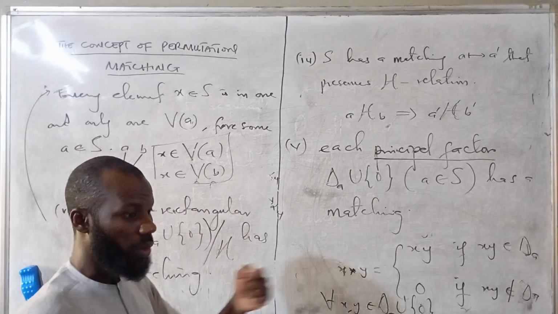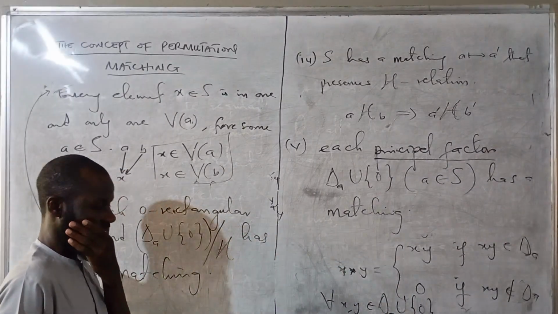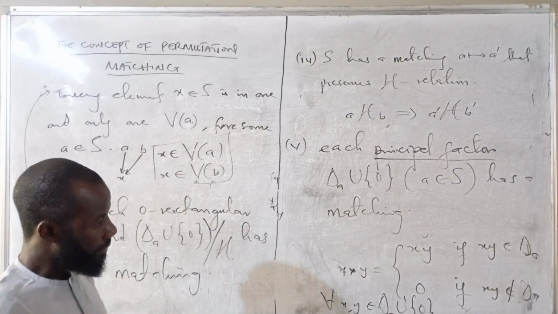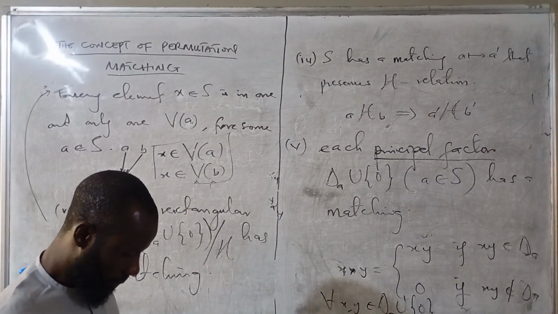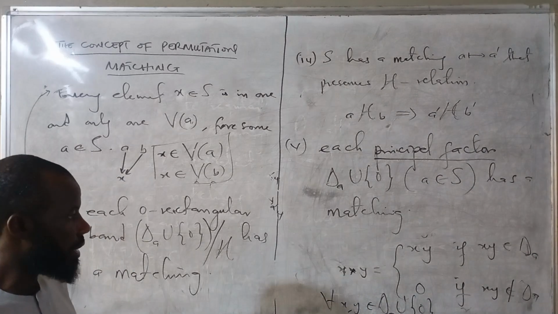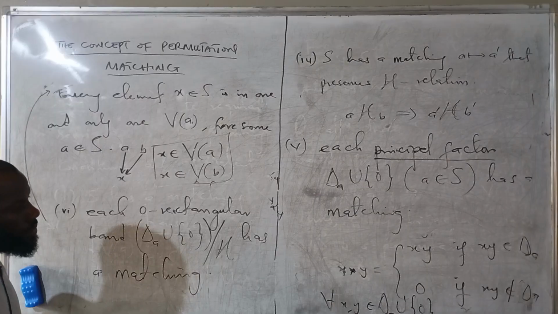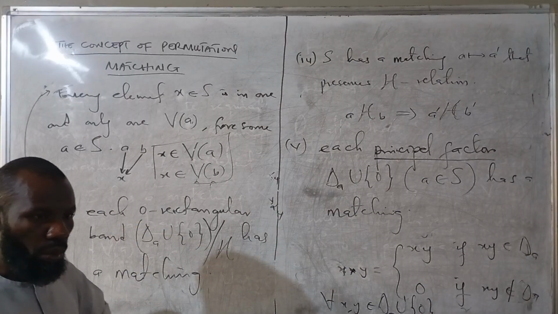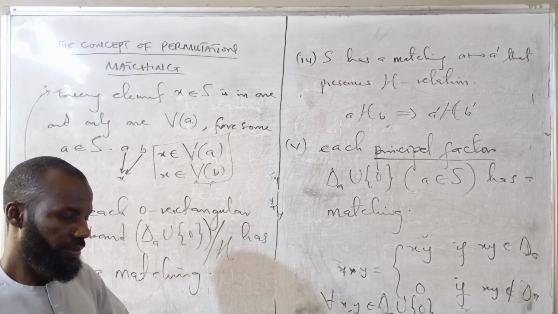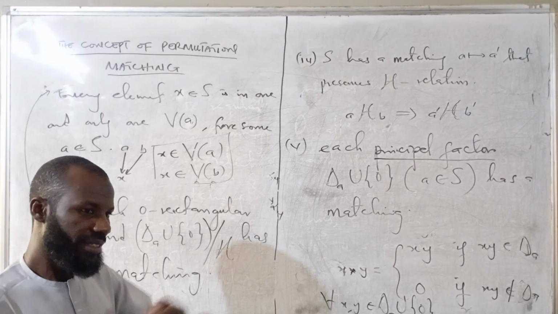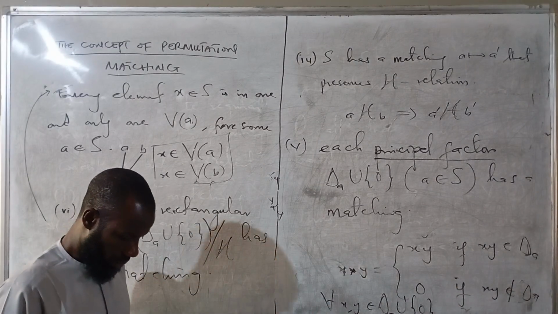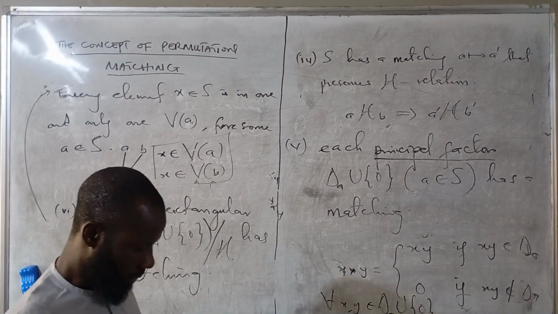So the inverses are also unique themselves. They are matching themselves. So it is an involution in the sense that if you compose it with itself, you still get the element back. So this is the notion of involution matching.